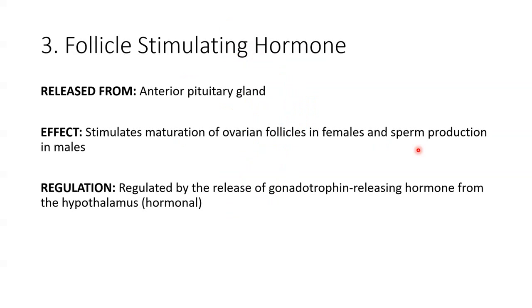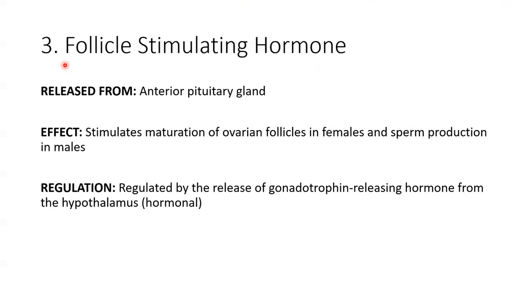Next, we have follicle stimulating hormone, another hormone which tells you a little bit about its function in its name. In females, follicle stimulating hormone initiates the development of several ovarian follicles each month. After a female has reached puberty, during each menstrual cycle, we have the maturation of an ovarian follicle, and follicle stimulating hormone is involved in that process.